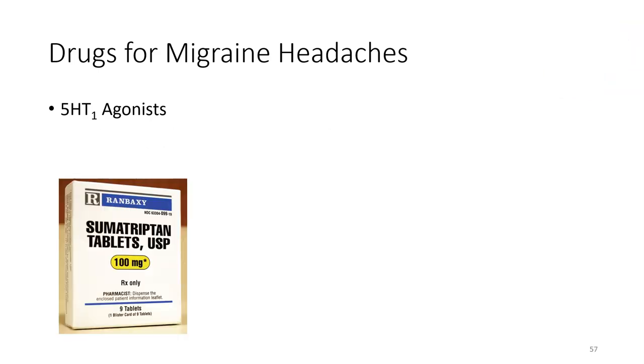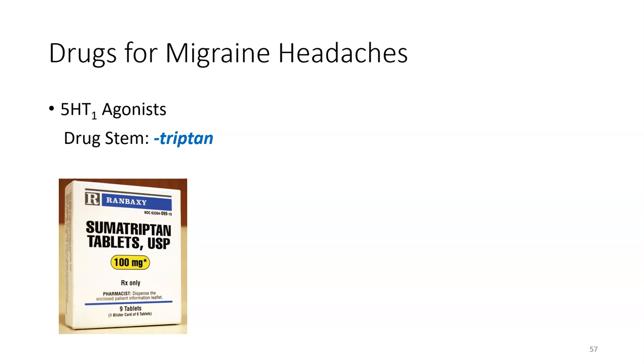So again, I reordered the drugs by what are the more common drugs that are used for migraines. And the first ones are the 5-HT1 agonists. So these are going to activate serotonin receptors in the brain that are going to cause vasoconstriction and kind of rule that headache in. These drugs came about in the 1990s. They have the drug stem of triptan, so sumatriptan, and it's known by the brand name Imitrex.